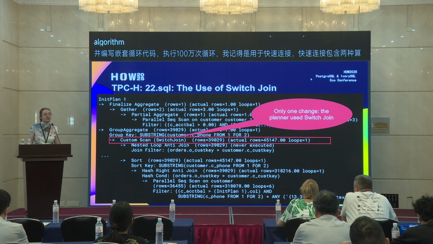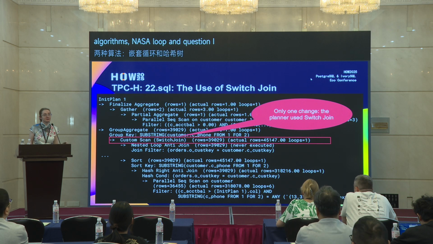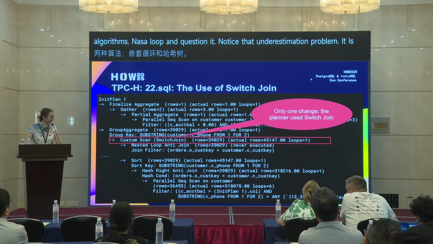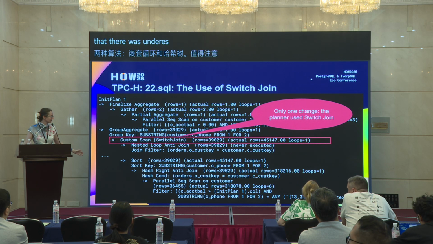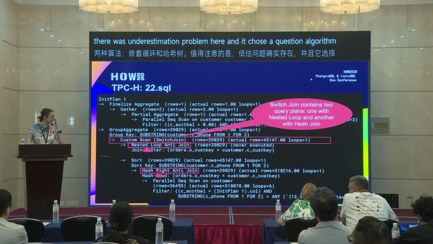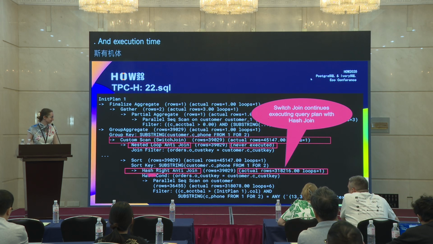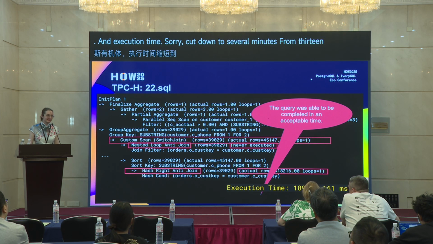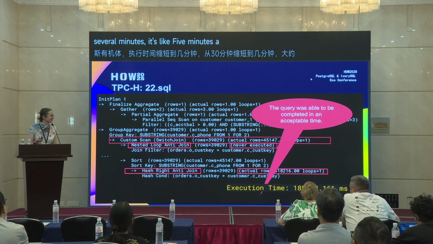It noticed the underestimation problem, and it chose the hash join algorithm, and execution time was cut down from 30 minutes to several minutes, about 5 minutes, as I remember. It was impressive.